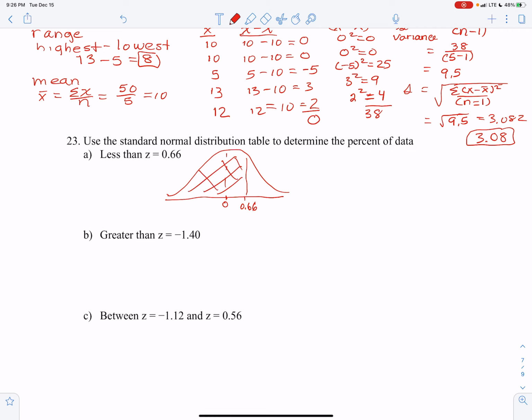So to use my table, I'll use the table of positive z-scores. And under z, I'll look for 0.6, the whole number and the tenth. I'll find the hundredths. That's 6 hundredths across the top.